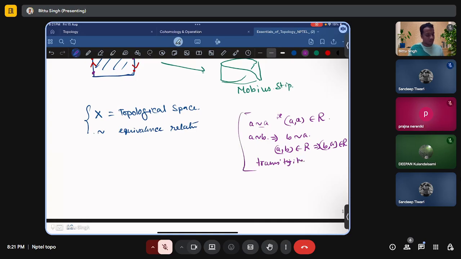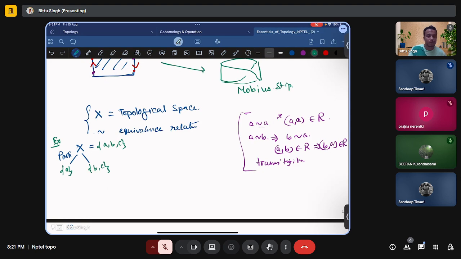So an equivalence relation is nothing but partitioning the set X. So X is partitioned into some parts. For example, consider this X. Example: X equal to these 3 points A, B, C. You can partition this X with A as one part and B, C as another part.